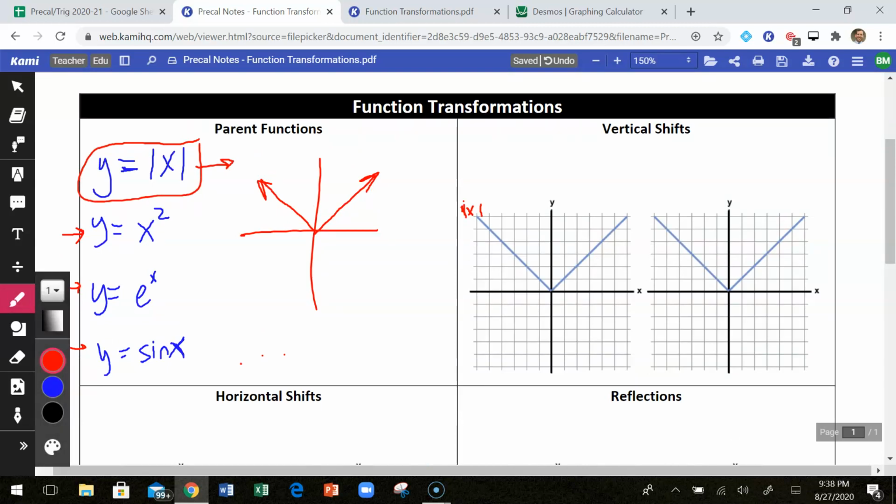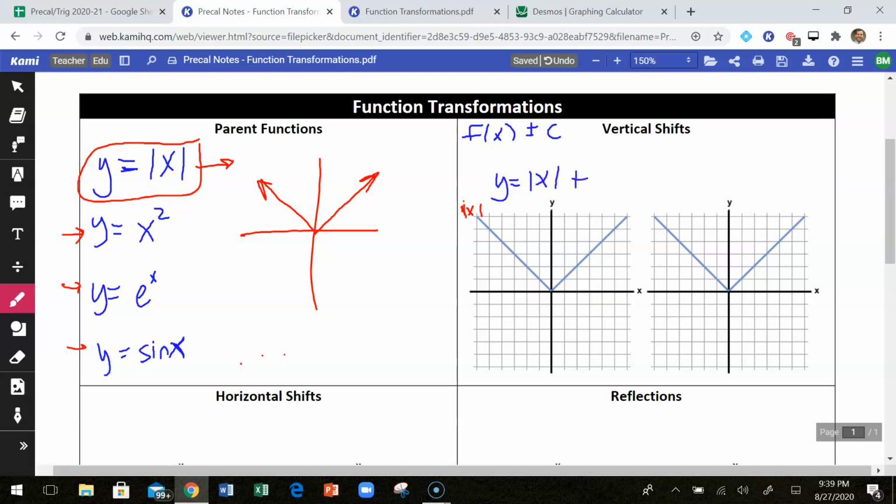So if I want to vertically shift something, what I'm going to do is add on the outside of the function. So this is essentially taking f of x and then adding or subtracting some value. If I did y equals the absolute value of x and then I add some number c to it, that can be anything at all, I'm just going to say plus c. What that's going to do is take this graph and move it up.